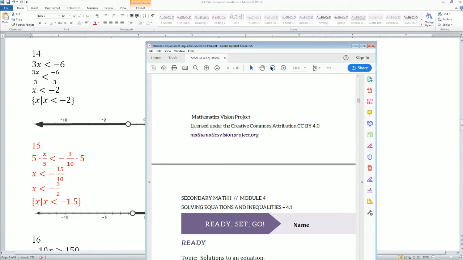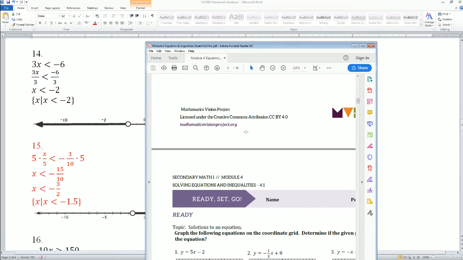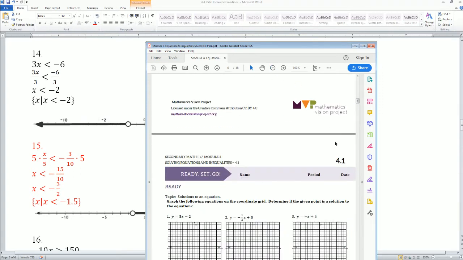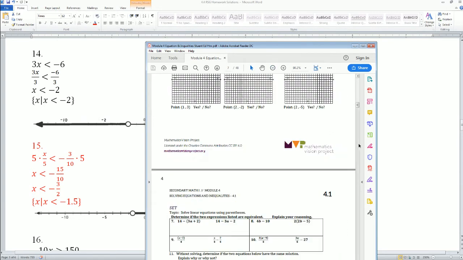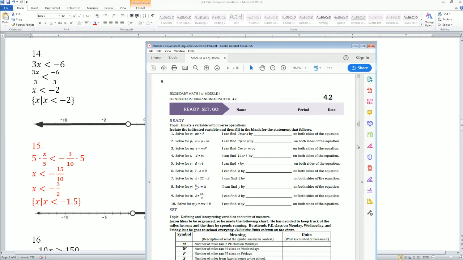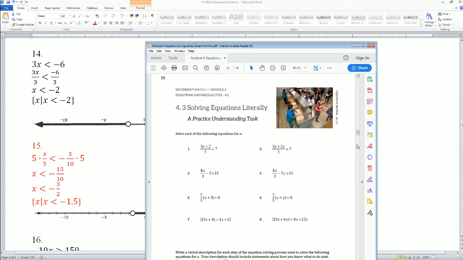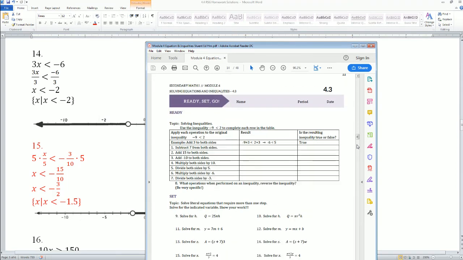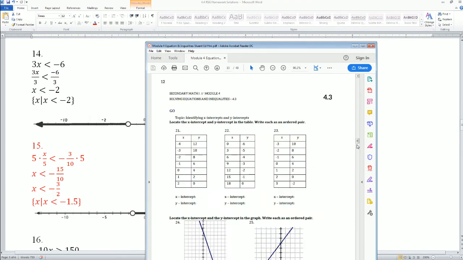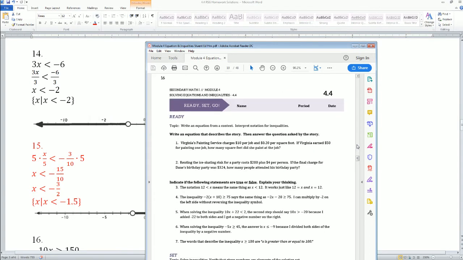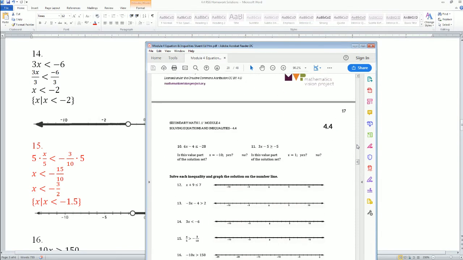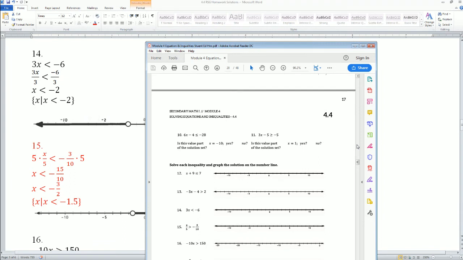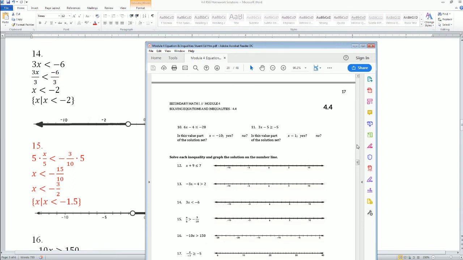Let's see if we could find that problem. Is it this one? Nope. We are looking for number 15. Did I write it right? 15. Okay, that's right.